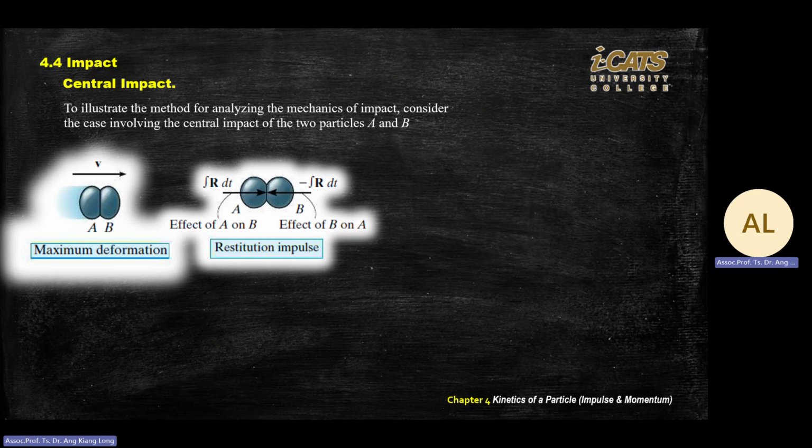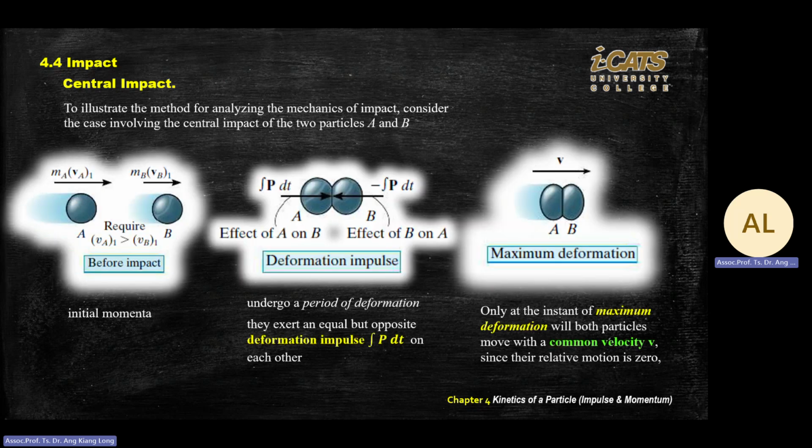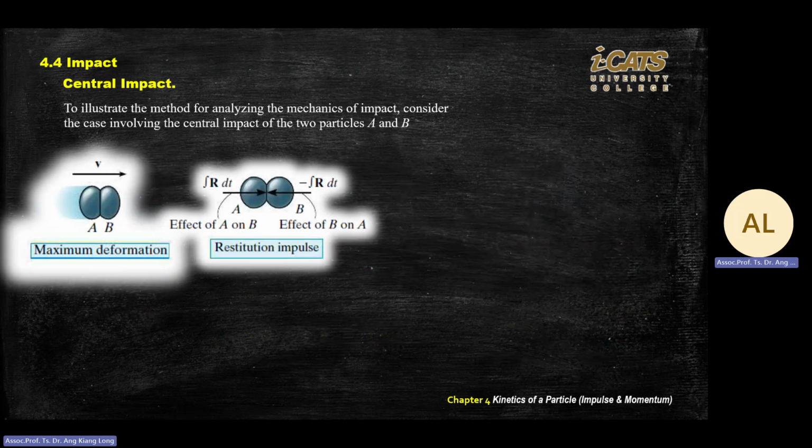Again, effect of A on B, effect of B on A, you have to know which one is which. So we label R for restitution and P for deformation. You have to know which one is which. This is an impact question.